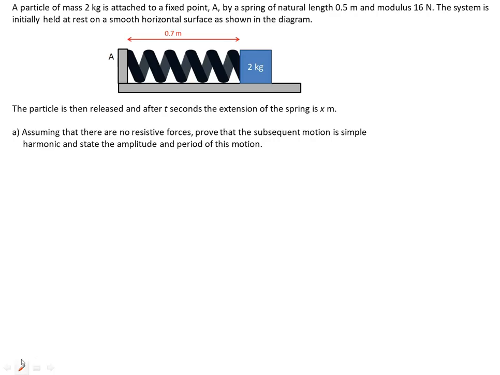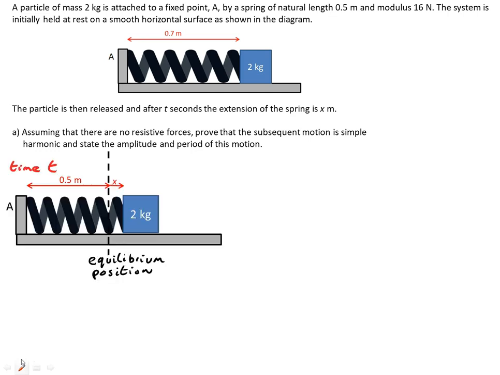So, for this first case then, as always we need to have a general time diagram which clearly shows the equilibrium position as well. So here's the diagram for an arbitrary time t after the particle has been released from rest.